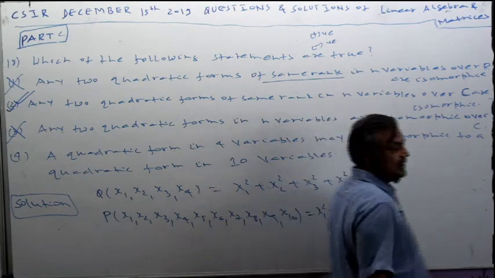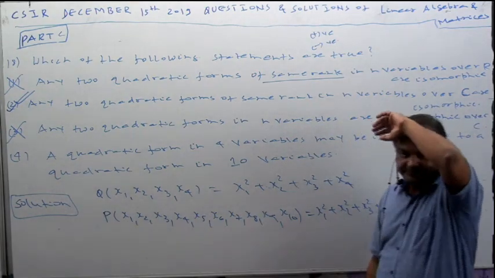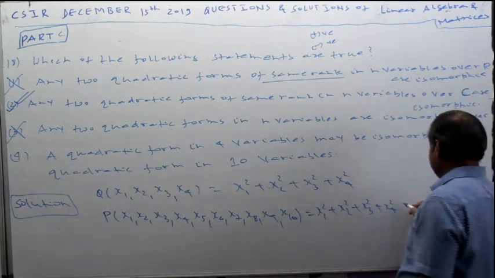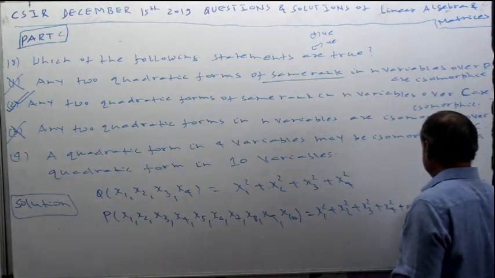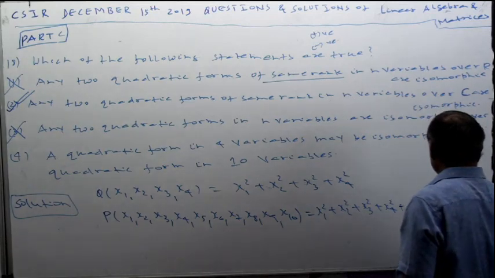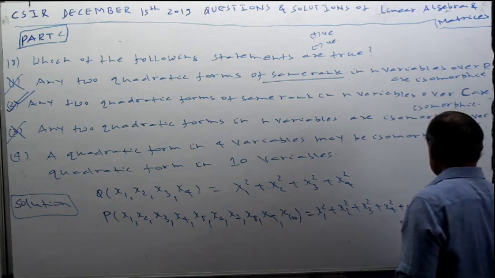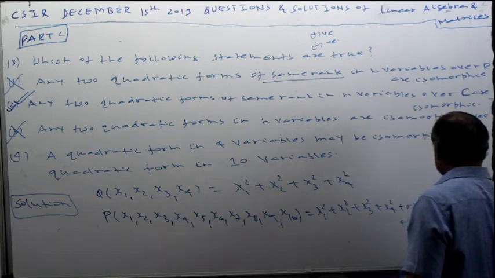And remaining powers of xi have coefficient 0. If you want to put, you can put 0 x5 square, 0 x6 square, 0 x7 square plus 0 x8 square plus 0 x9 square plus 0 times x10 square.